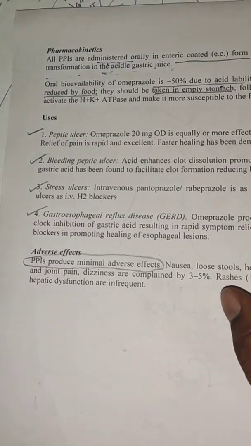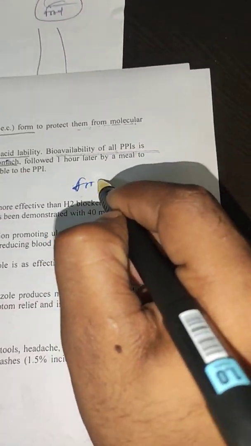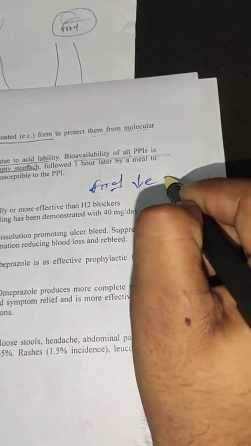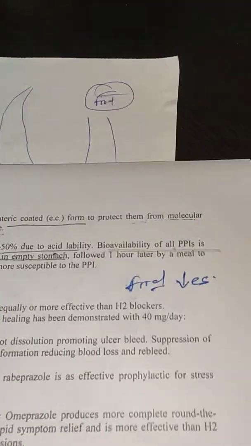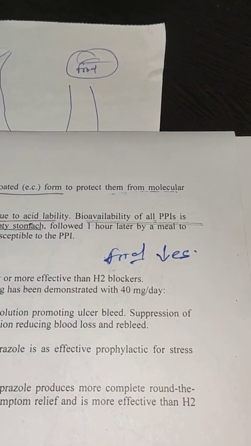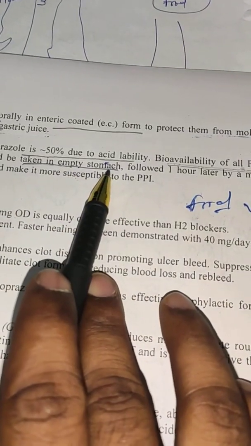Bioavailability of all PPIs is reduced by food. Food can reduce the bioavailability of the drug, so it should be taken on an empty stomach.